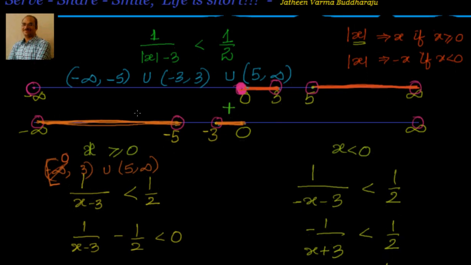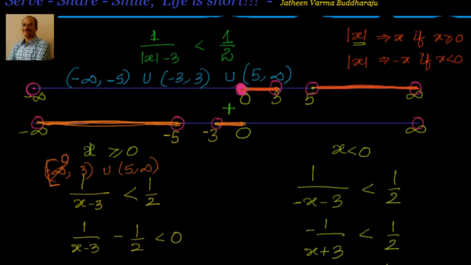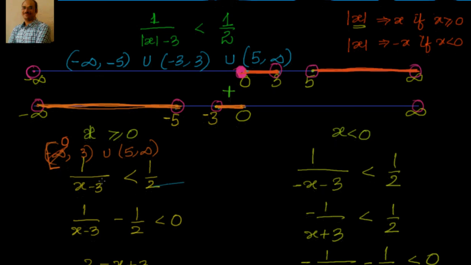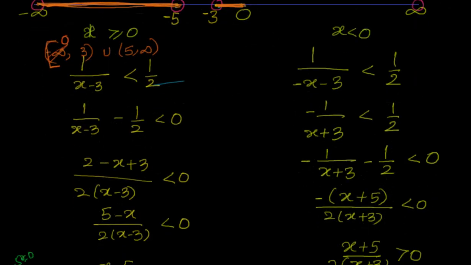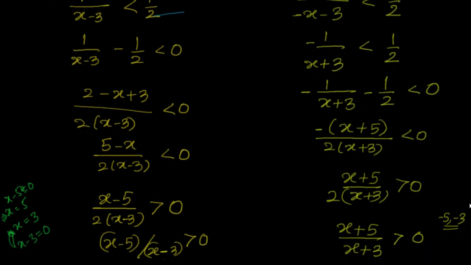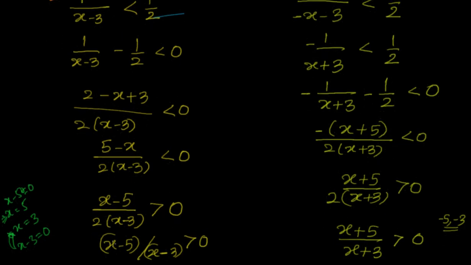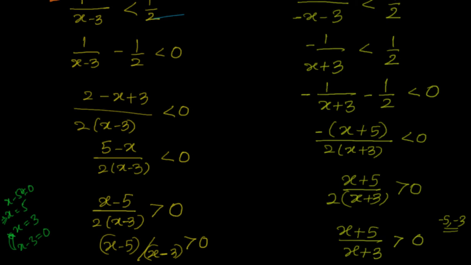Now this problem is like the problem we have done in the last session, ax plus b by cx plus d compared to n. You get it in the form ax plus b by cx plus d greater than or less than 0, one of those comparison operators.